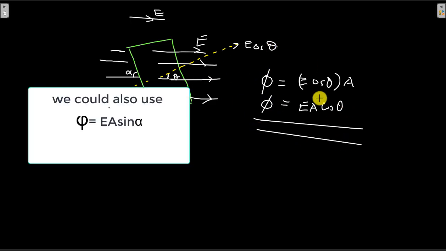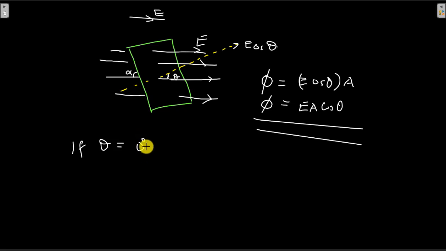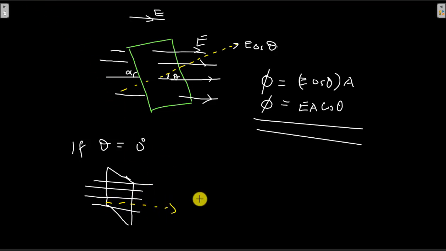As you notice from this equation, if theta is 0 degrees, that means the normal is parallel to the electric field.